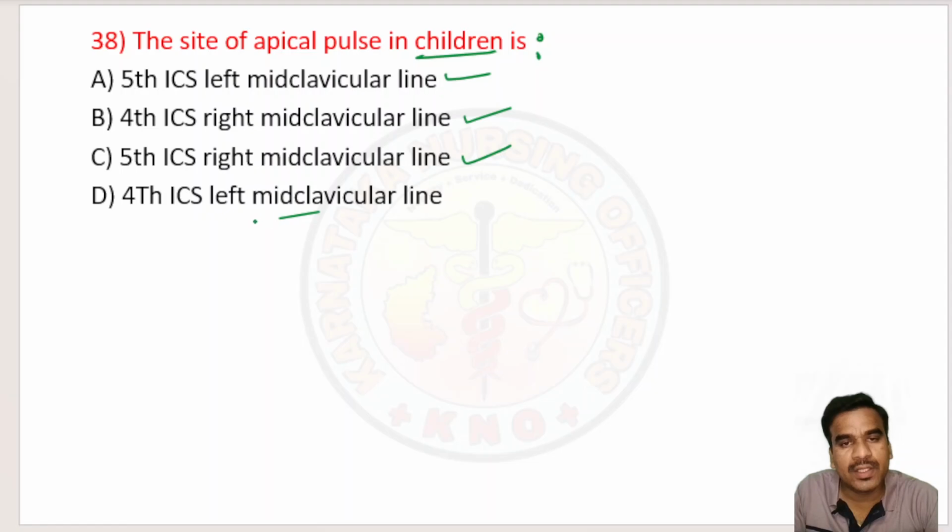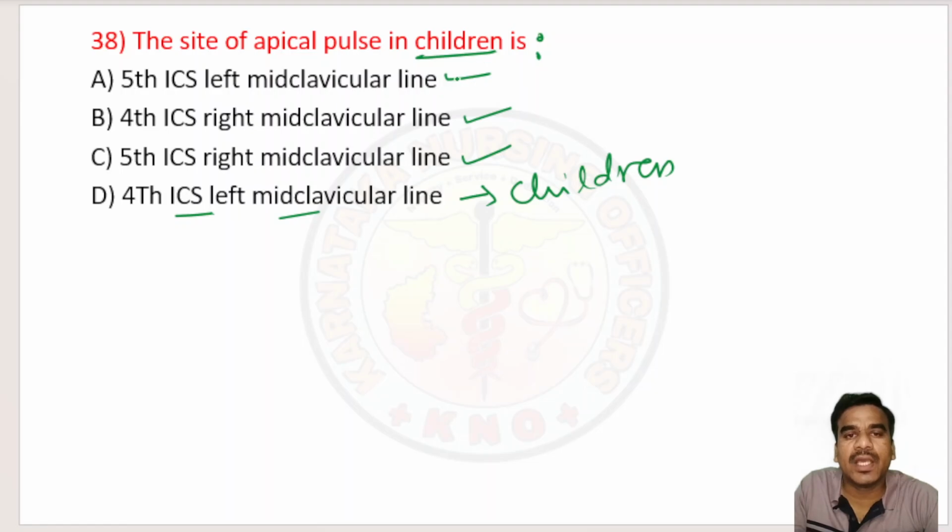The fourth intercostal space left midclavicular line is the apical pulse site for children. Option A, the fifth intercostal space left midclavicular line, is for adults.